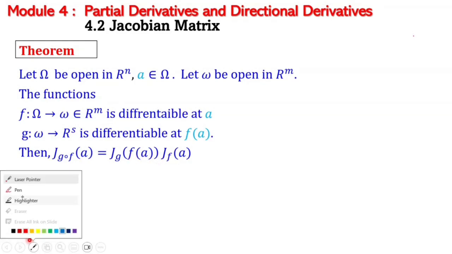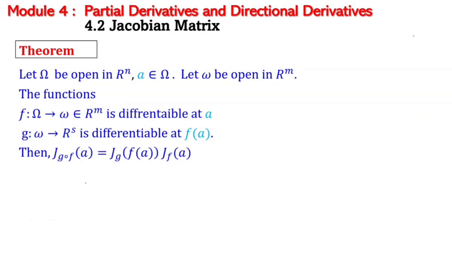So if we draw a Venn diagram, let's say you have here the set omega, which is in R^n.